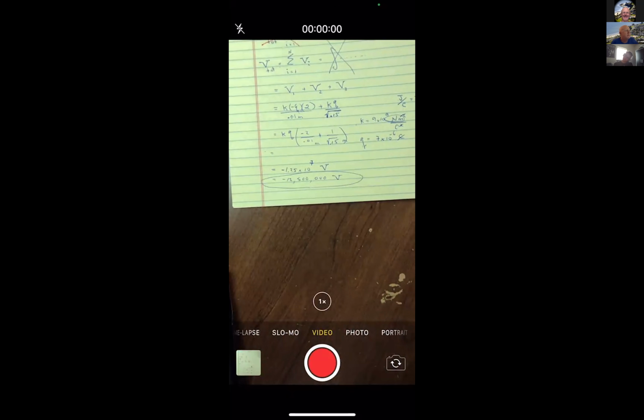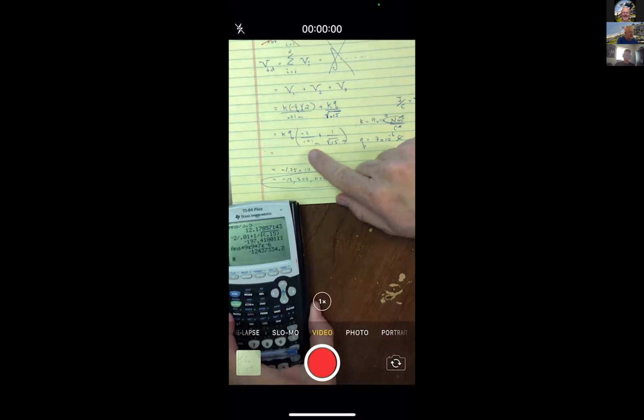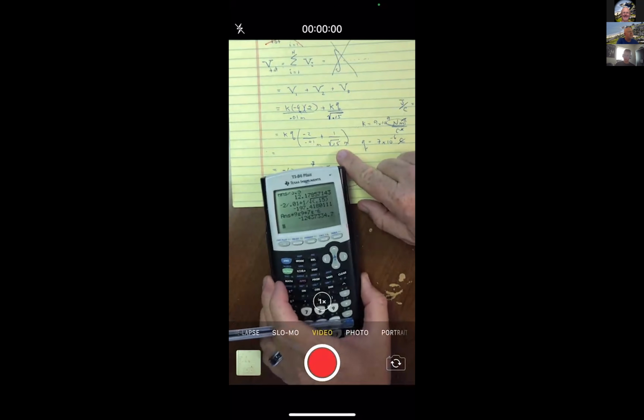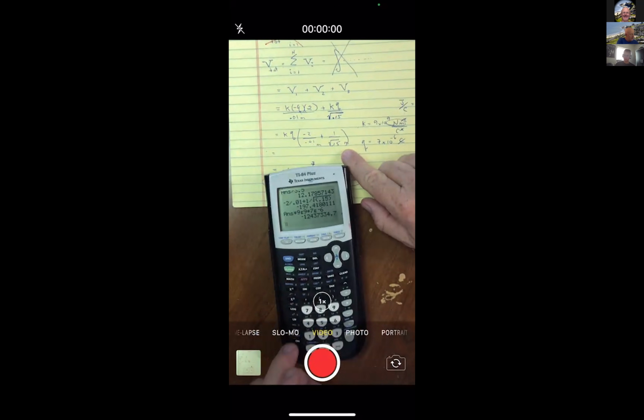I'm off a reasonable amount. That number is the same. We got two of them. What they use for the square roots of 0.15.